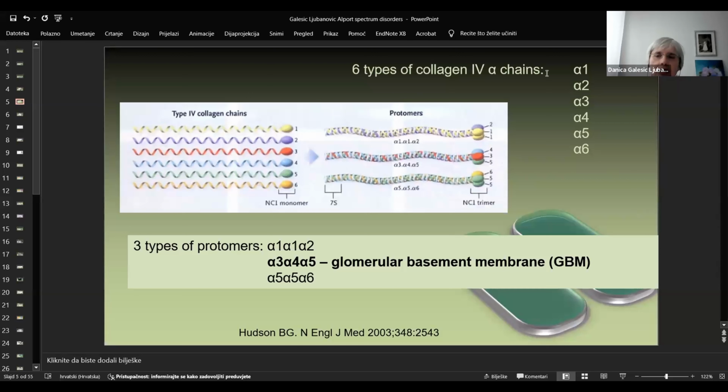Even though there are a lot of possible combinations with these 6 types of chains, in the human body there are actually only 3 types of protomers: one made from alpha 1 and alpha 2 chains, one from alpha 5 and alpha 6, and, the most important for us today, protomers made of alpha 3, alpha 4, and alpha 5 chains, which are present in the glomerular basement membrane.